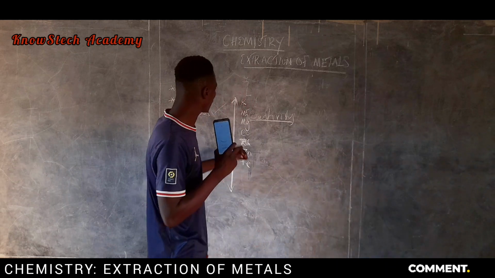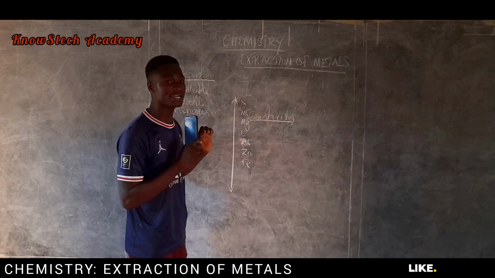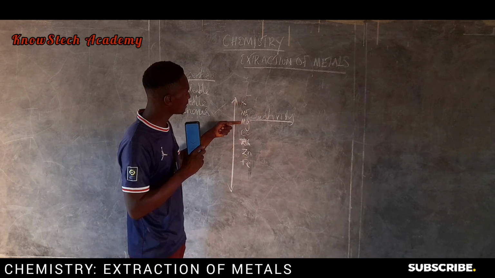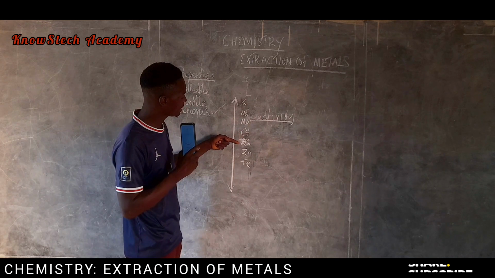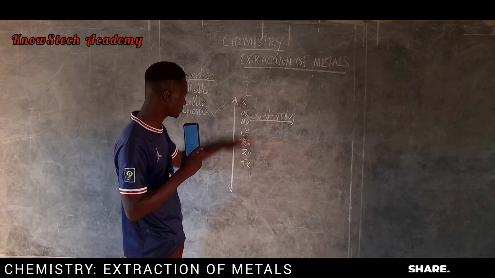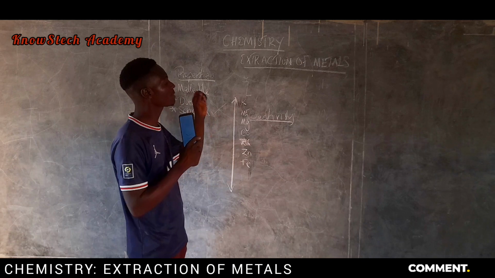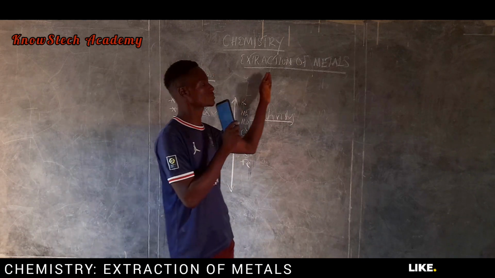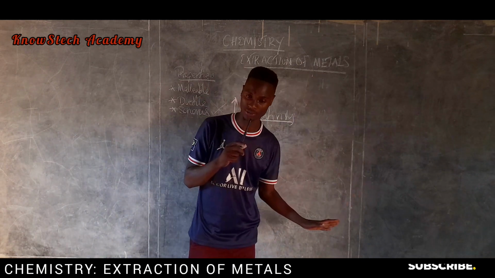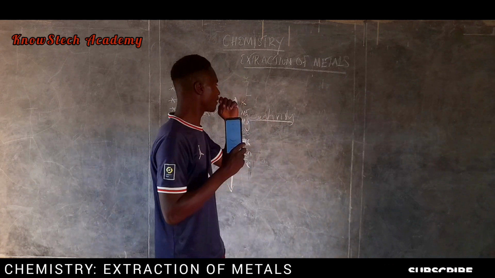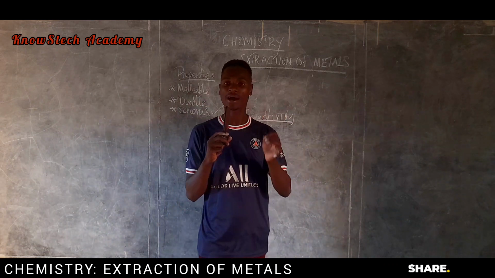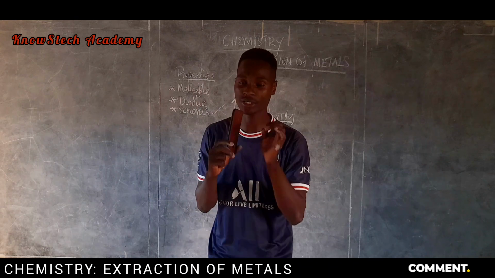Now, I'm interested in the first 5 elements: potassium, sodium, magnesium, calcium, aluminum, even zinc and iron. Because remember, we are looking at extraction of metals. What is the criteria for extracting a metal?